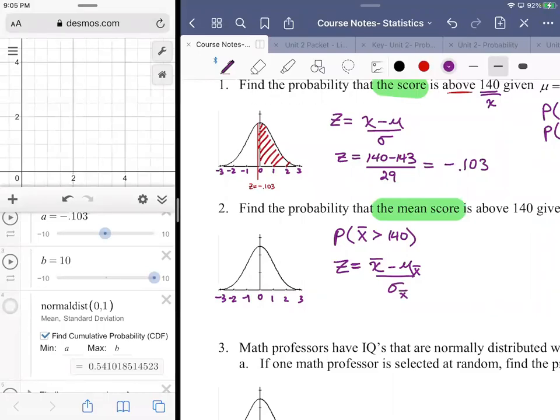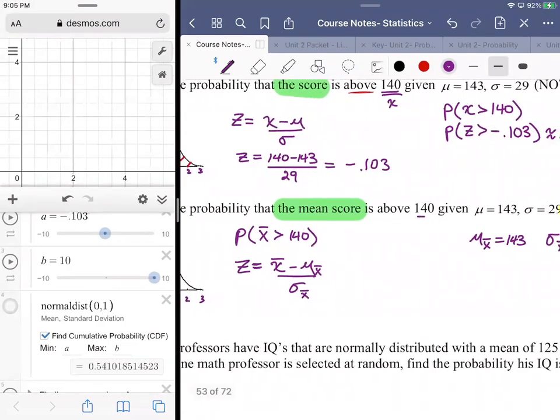All right. So I'm making slight adjustments to my z-score formula to allow for this to happen. So my x bar, that's the value that's given for the mean score, 140 minus 143 over, instead of 29, it's now 2.9.